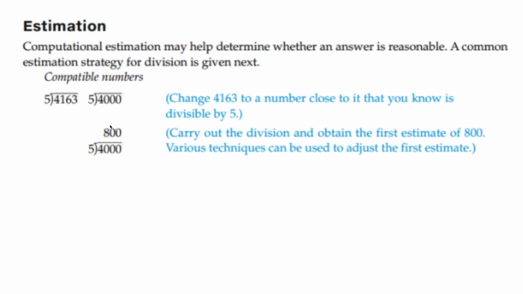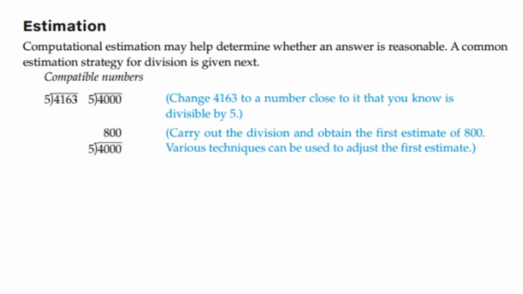Now I'll need you to think about this. Will your actual quotient be larger than 800 or smaller than 800? Take a couple seconds and think about it. You changed the number to a smaller dividend.